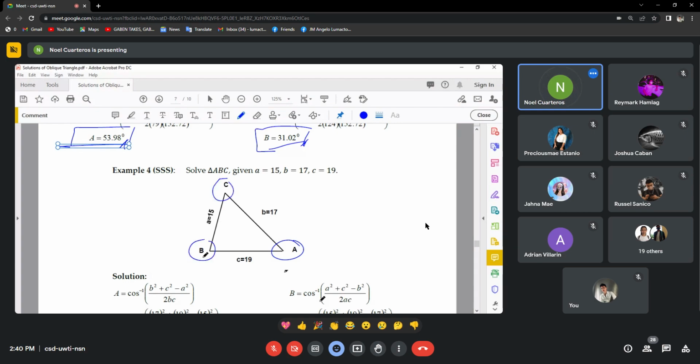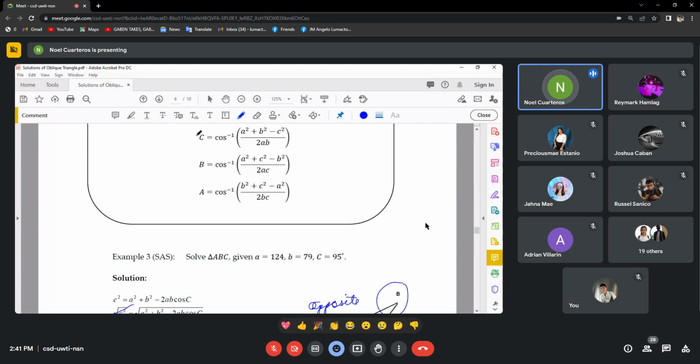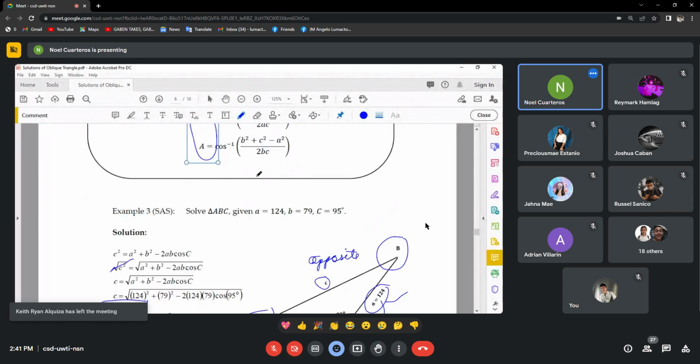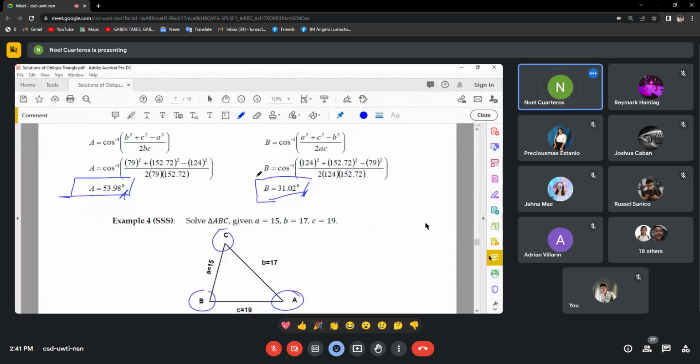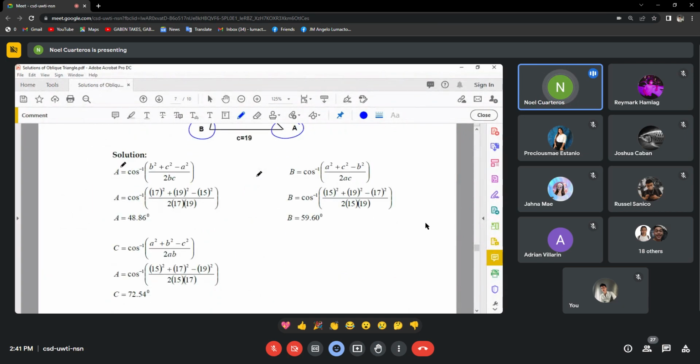To solve this, all you have to do is use these formulas. Angle A is equal to cosine inverse of B squared plus C squared minus A squared all over 2BC.